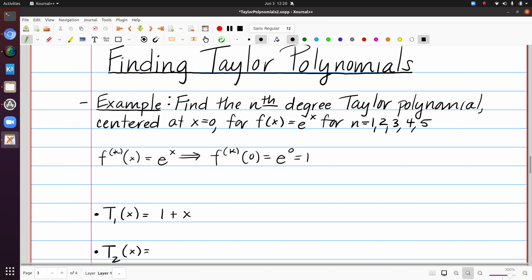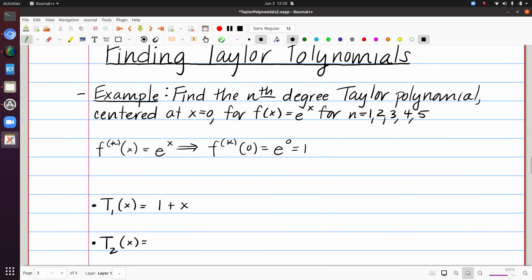Now, if I need to find the second degree Taylor polynomial, now we're going to go through the x squared term. The first two terms of this are identical to the ones above. So that's one thing about these Taylor polynomials. As you go to a higher degree, you continue to just tack on terms to lower degree Taylor polynomials.